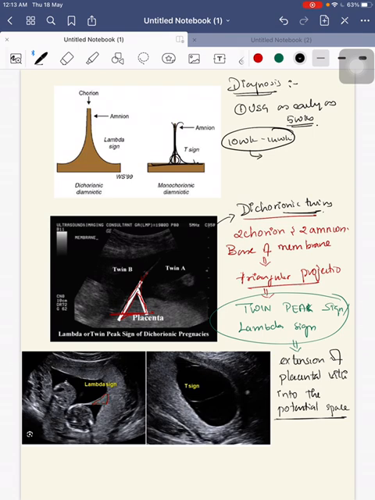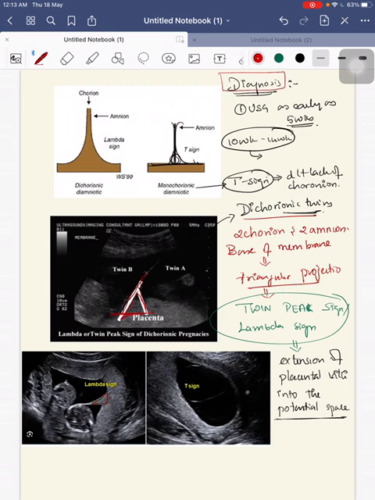It is an internal dividing membrane, due to lack of chorion. So this is how you differentiate monochorionic and dichorionic twins.